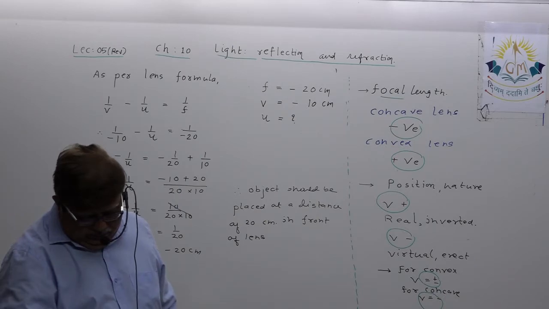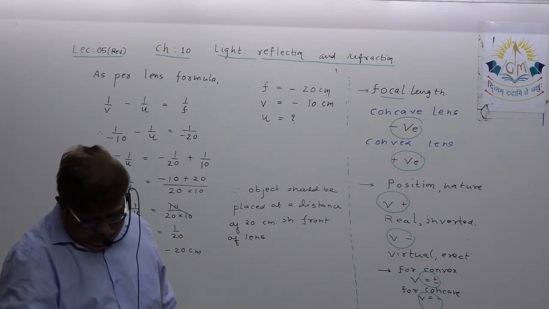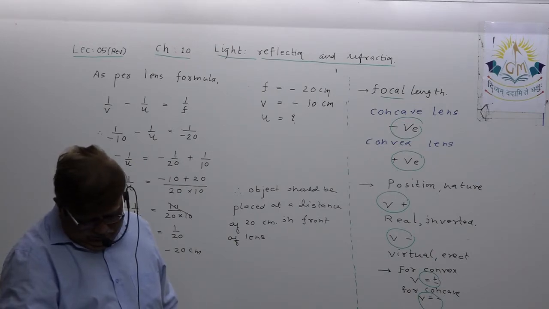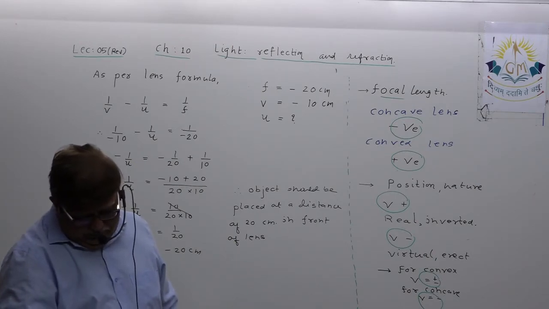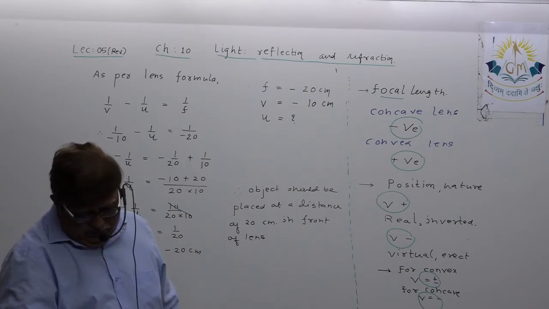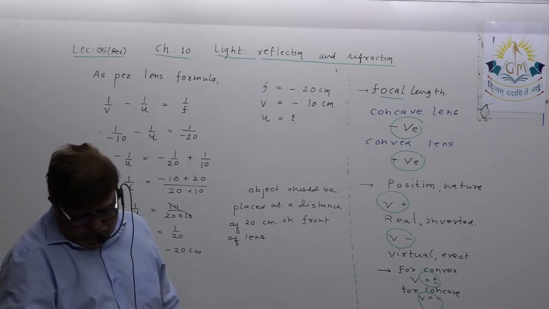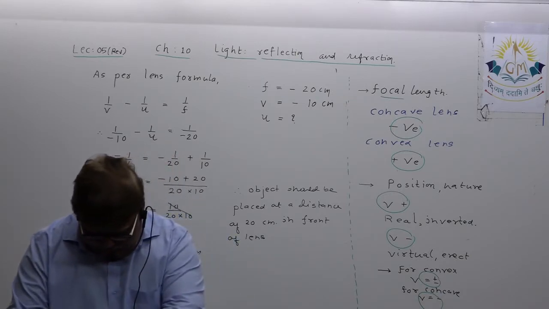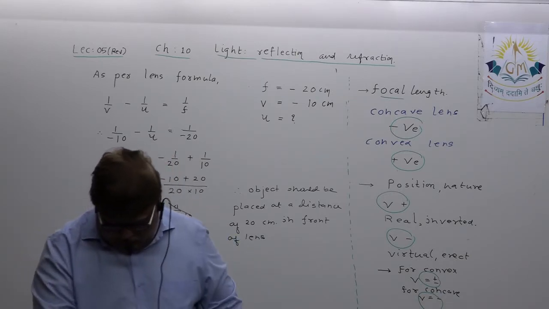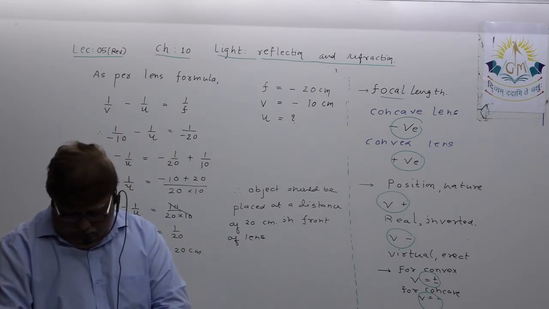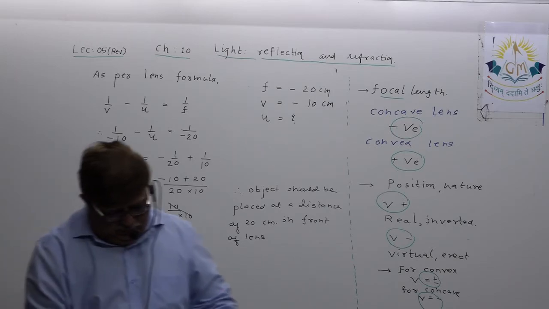Number 21, I think you can solve it by yourself. 22, that also you can solve yourself, not so difficult. Let us solve one more example for you. 22, let us solve. But I think it's not so difficult for you. 22, you can do it by yourself.